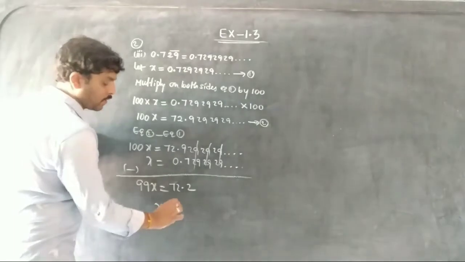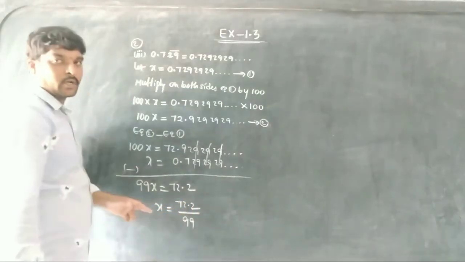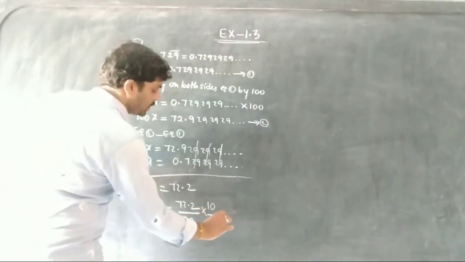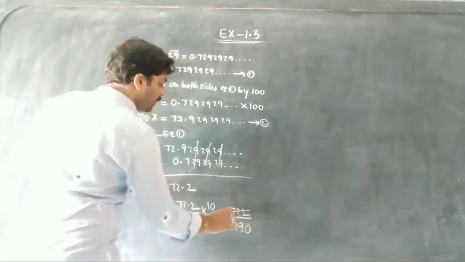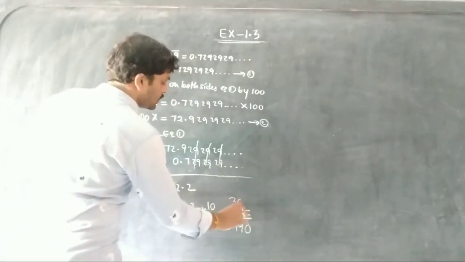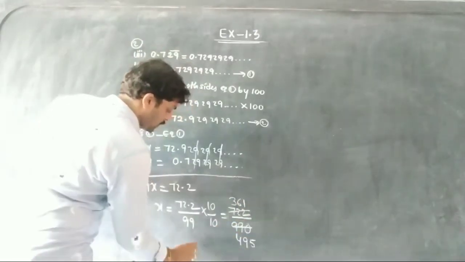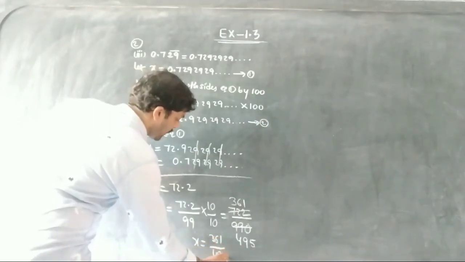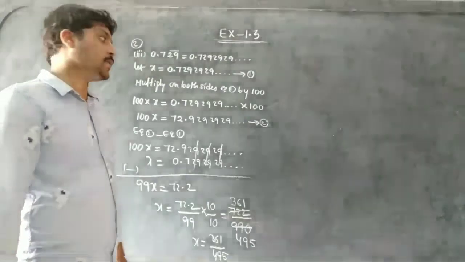Now x is equal to 72.2 by 99. If you want to remove the decimal, multiply by 10 by 10, that is 722 by 990. 2 3s are 6, 2 6s are 12, 2 1s are 2, 2 4s are 8, 2 9s are 18, 2 5s are 10. So the final answer is 361 by 495. 361 by 495 is the rational number.